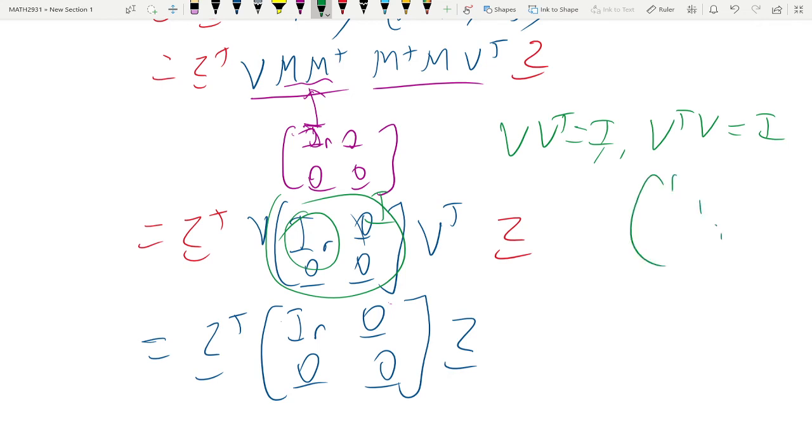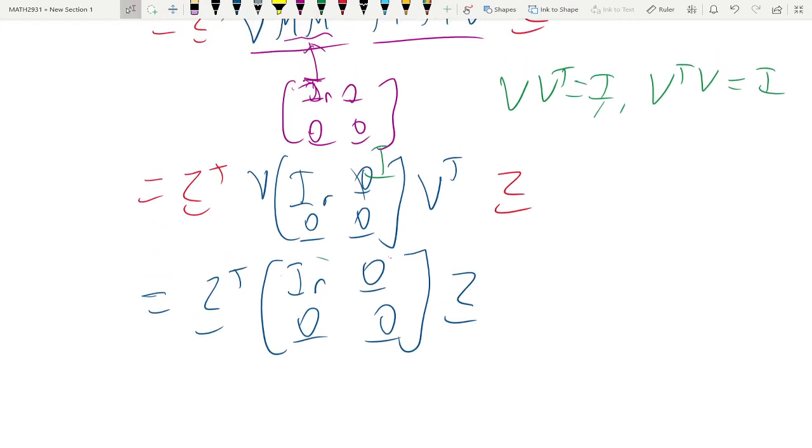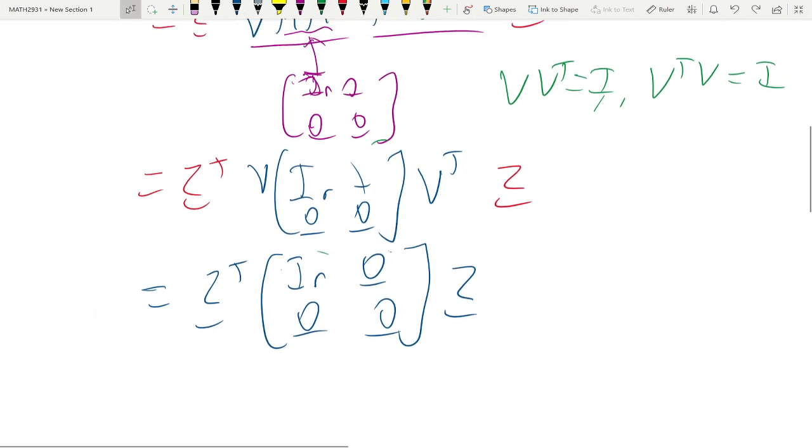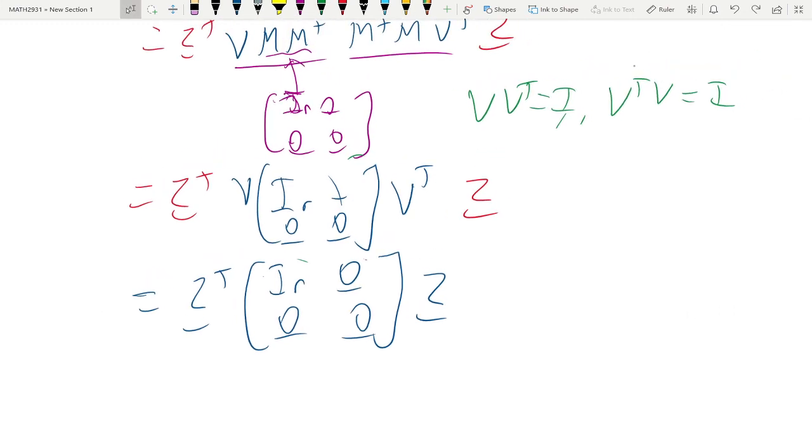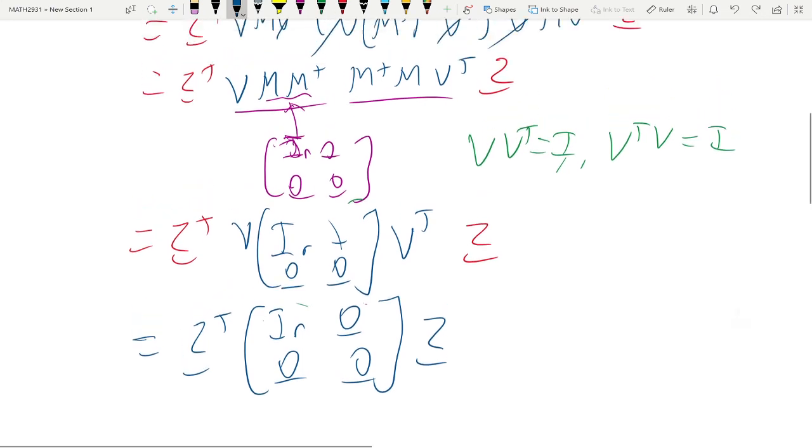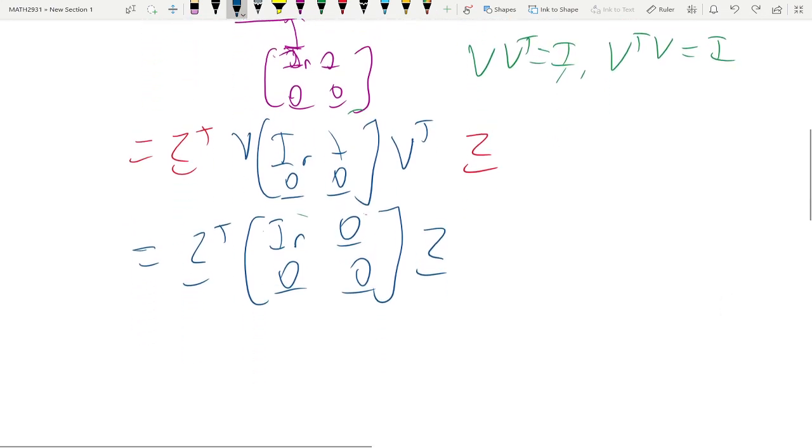So it makes sense that the final answer here is that the first R diagonals are 1s, and everything else is 0 because of this middle matrix. That's pretty much how you can justify that, and that's how you get this.